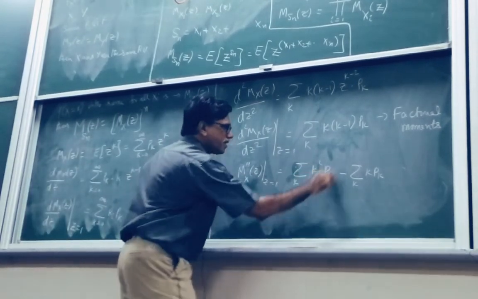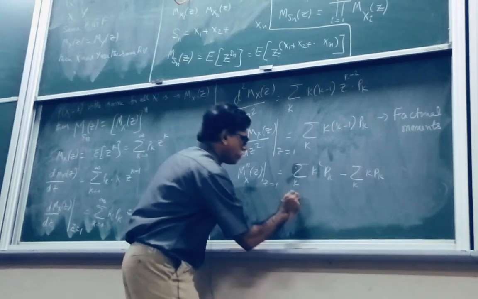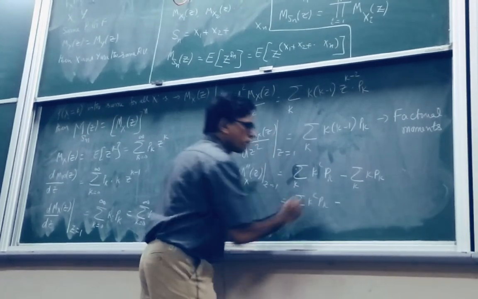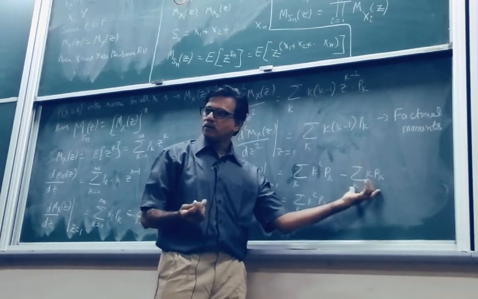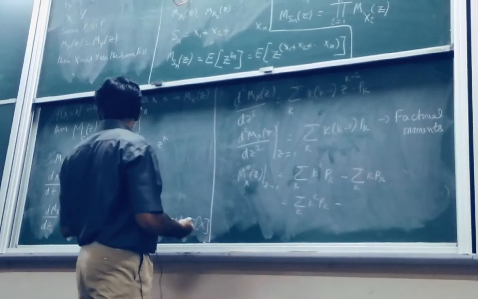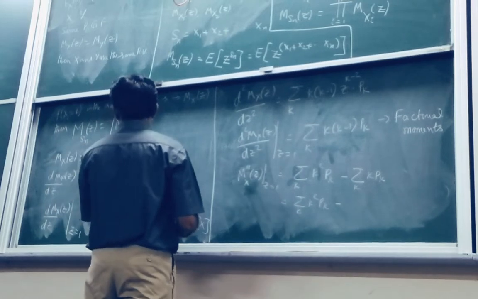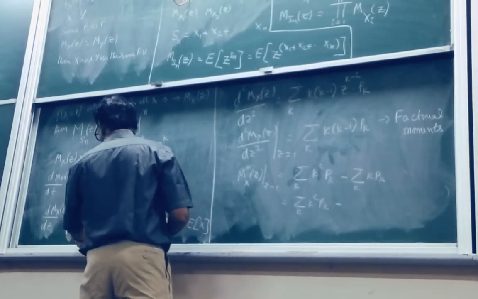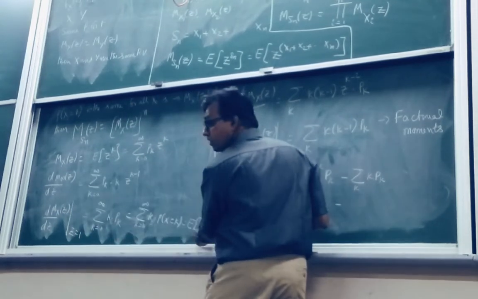So this is the second moment. This is the first moment, but we know what the first moment is actually. The first moment is this one, mx. Once you differentiate and set z equal to 1, you will get the first moment.